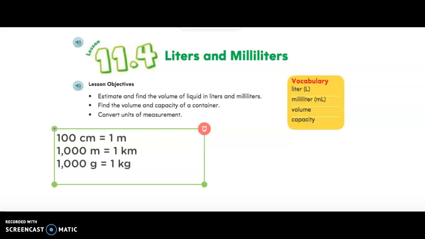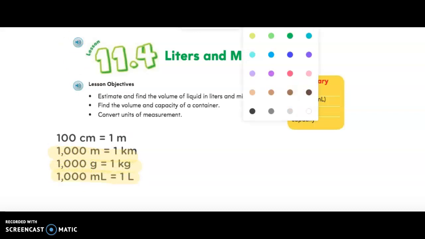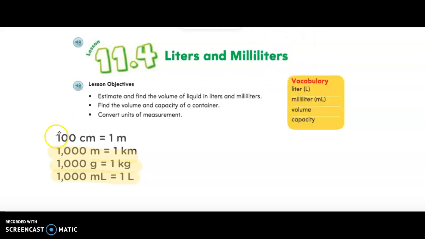And now today we are going to learn that 1,000 milliliters, and remember that capital L there, equals 1 liter. Okay, so what I like to think is these are all 1,000, which makes it nice and easy to remember. The only one that is different is this 100 centimeters equals 1 meter.